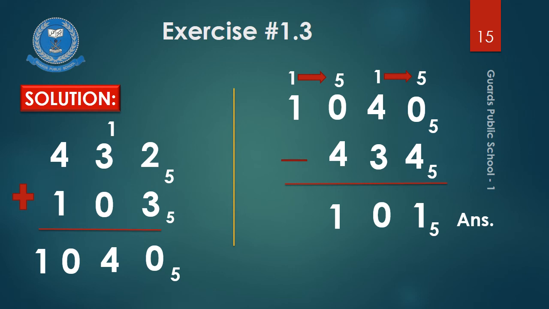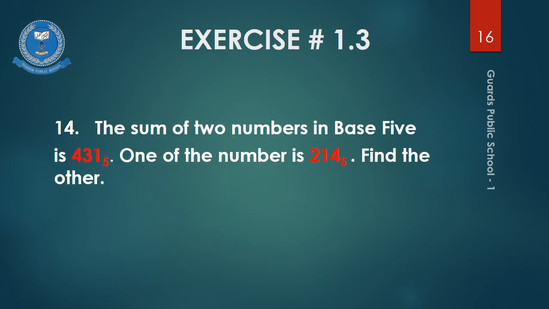101 with base 5. Exercise number 1.3 and question number 14 is the sum of two numbers in base 5 is 431 with base 5. One of the number is 214 with base 5 and find the other.